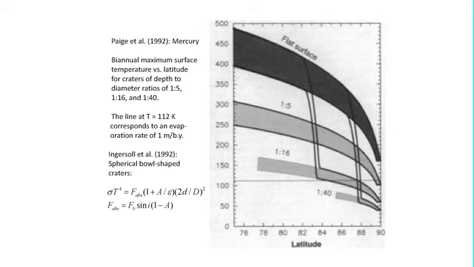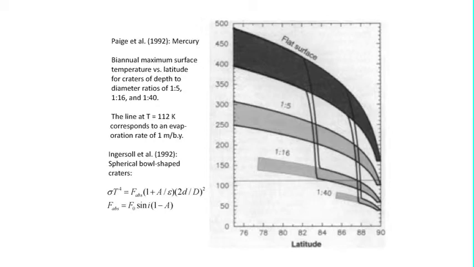And the reason is that if you have a larger depth to diameter ratio, the walls keep each other warm. But if you're very open, as long as you have a shadowed region, then that permanently shadowed region will be colder. And that's shown here.